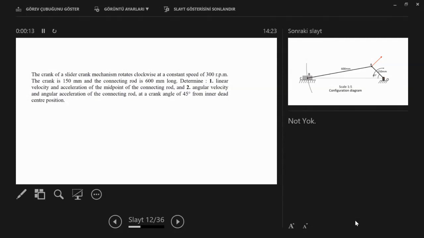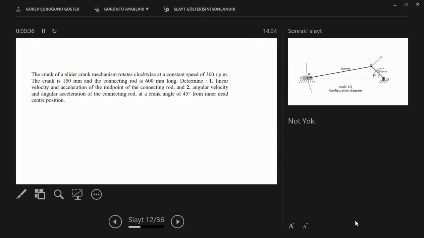First, we'll talk about the crank slider mechanism. You know, the crank slider mechanism is the mechanism we use in the car, in the internal combustion engine. Very famous mechanism. We use it in presses, for example. Many applications. Therefore, it is an important mechanism in mechanical engineering.